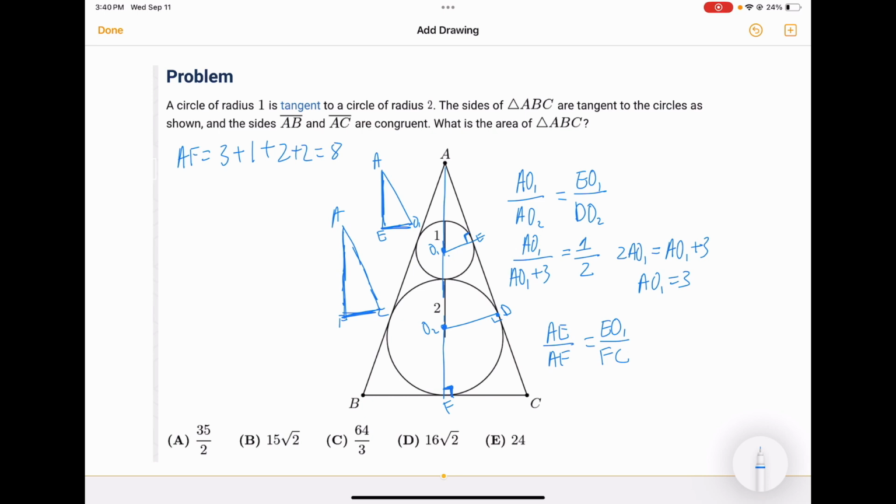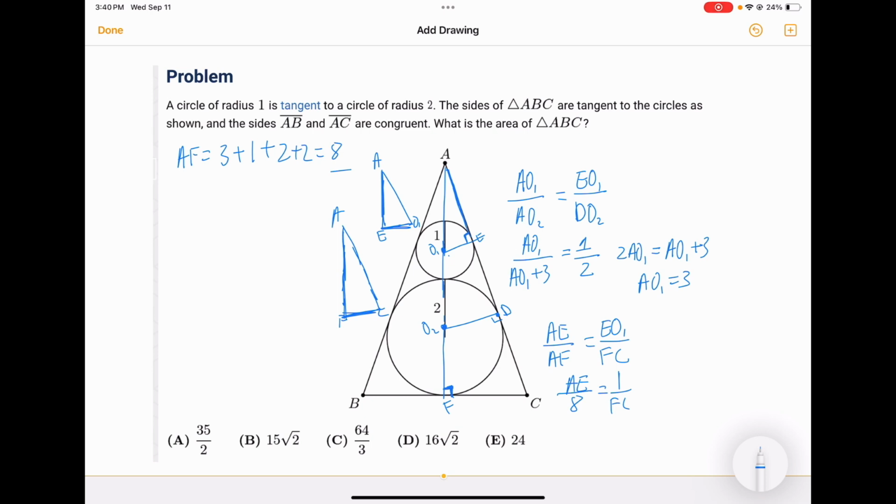Looking at this, we also know some of the values. We know that AF, which we just solved for, is 8, and EO1 is 1. FC is what we are trying to solve for. But the problem is that we also don't know AE. We can use the Pythagorean theorem to figure that out because we know the other two sides of that triangle.